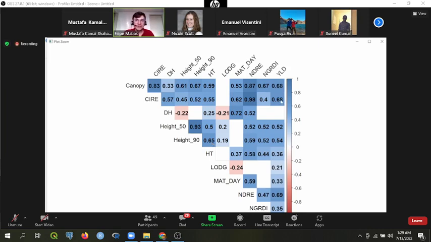And yield also increases when we compare with canopy and, for example, this vegetation index. Let's check, for example, maturity day, 72 days for shading, 62.